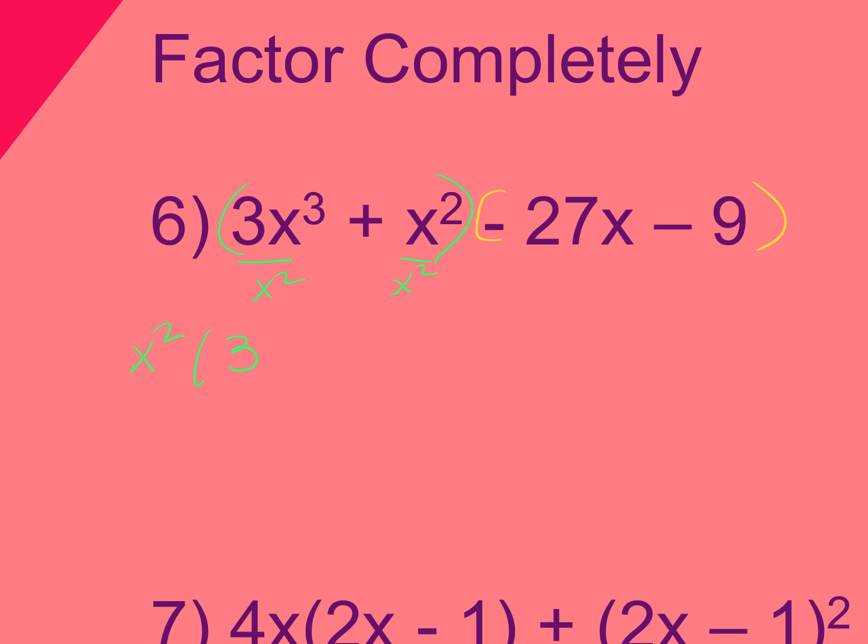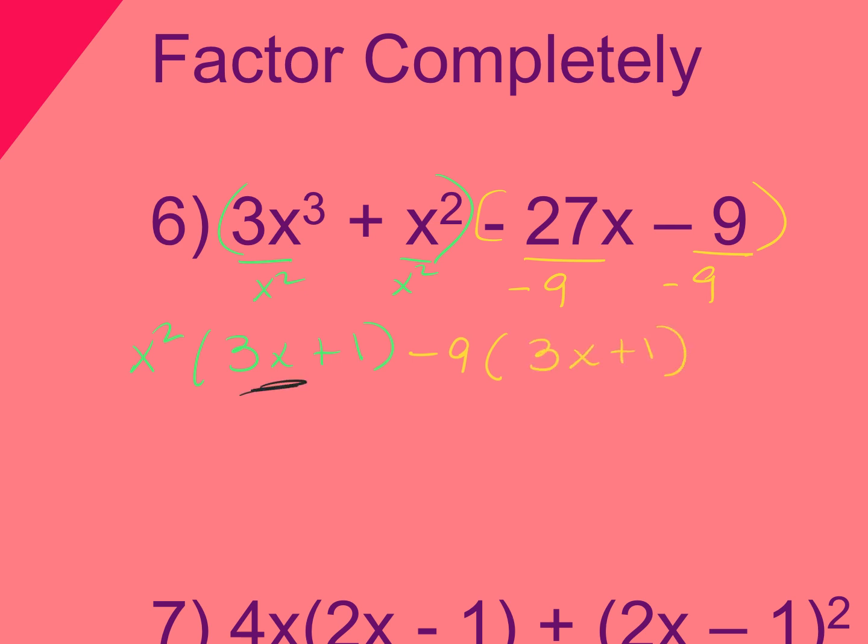Now I'm left with 3x plus 1, because x squared divided by x squared is 1. For my yellow group, if I pull out a GCF of 9, I won't get the match. So I'm going to pull out a negative 9 GCF. After I divide, 3x plus 1.